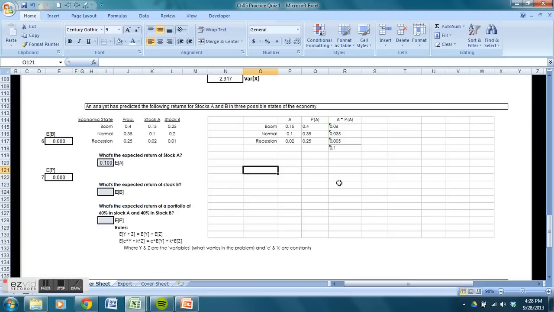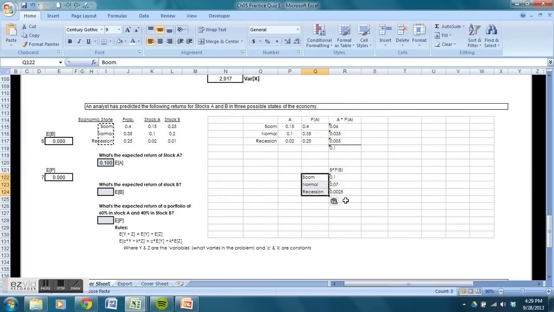Anyways, expected return of stock B. In this case, I'm just going to save everyone a little bit of time. B times probability of B, we put in the same location. Probability of something happening multiplied by the value of that happening. We have our 3 different states. For clarity, we will put these in here just so that you can see.